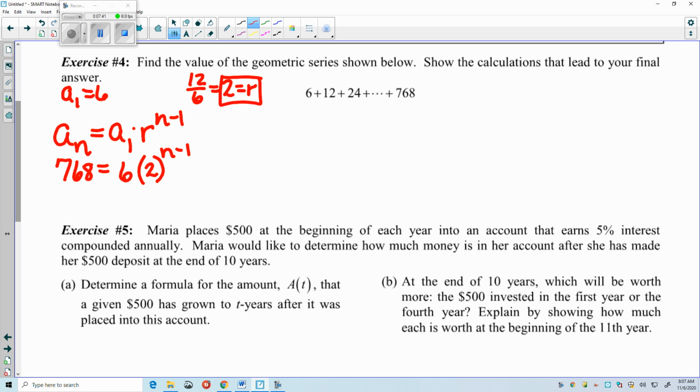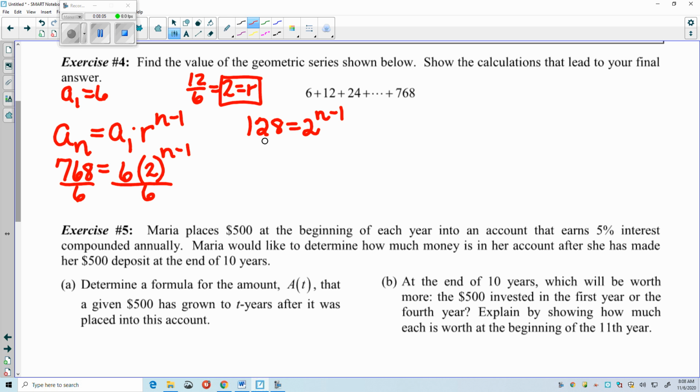Okay. Step number 1, let's divide each side through by 6. So now I have something that looks like 128 is equal to 2 to the n minus 1. Right? You could use logs. That's an option. I know that we love those. You could try and get them to have common bases. I'm going to do common bases only because this one actually has a common base.